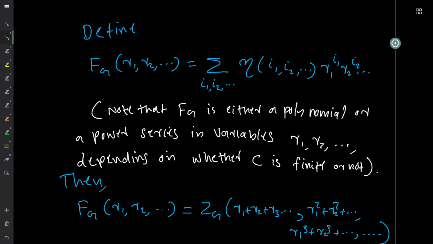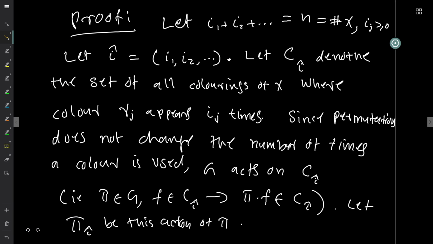So how do you prove this? To prove this, suppose I1 plus I2 plus etc. is equal to n. Of course, when we have only n elements, we cannot use more than n colors.